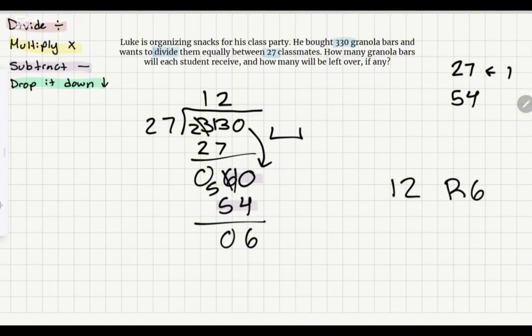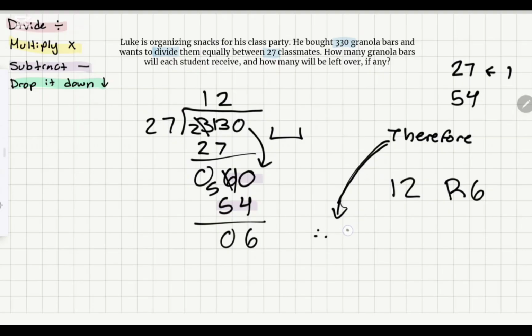And whenever we have a word problem, we always have to write a therefore statement. So let's do that. Remember that this little triangle shape with the dots is a short form version of therefore, so you don't have to write it out. I'm going to just make a note there for you guys in case you haven't learned that yet. So the question asks, how many granola bars will each student receive?